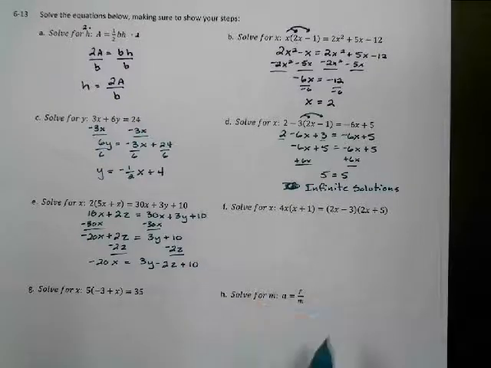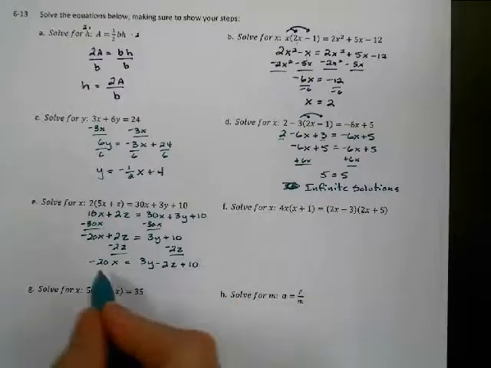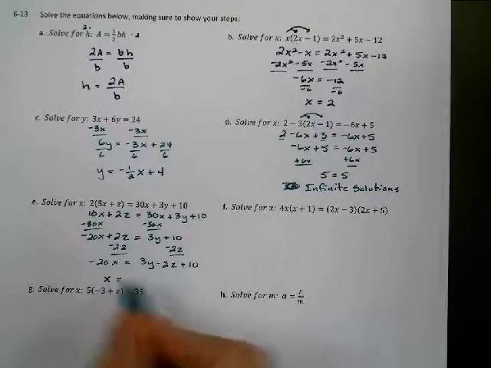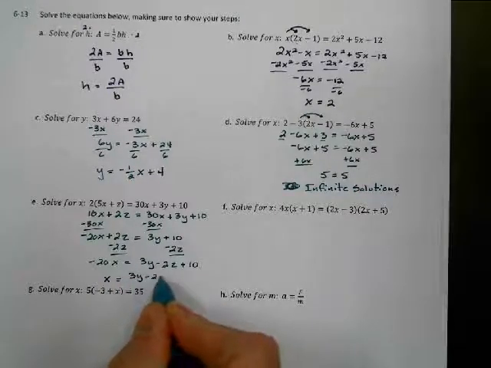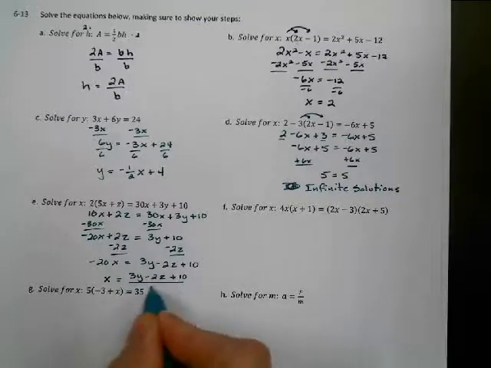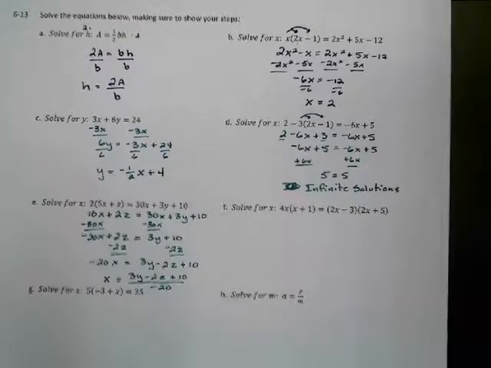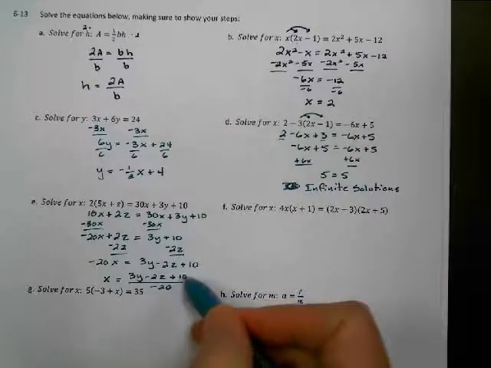And then I'm going to divide everything by negative 20. So if I divide everything by negative 20, I would get x equals 3y minus 2z plus 10 over negative 20. So I could leave it like that, or I could make each of these divided by negative 20.